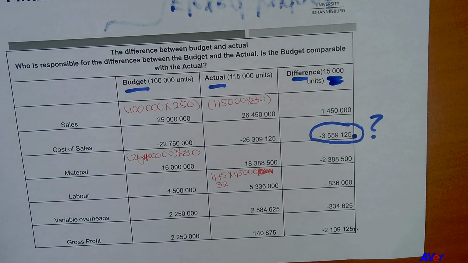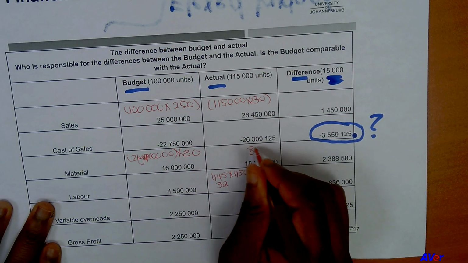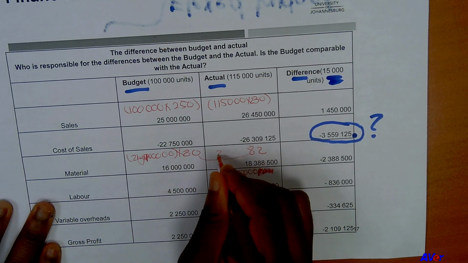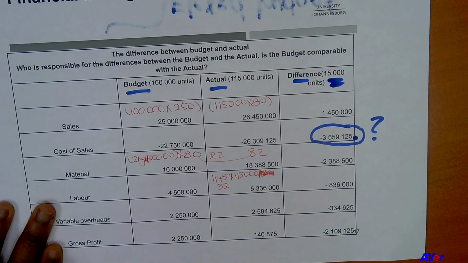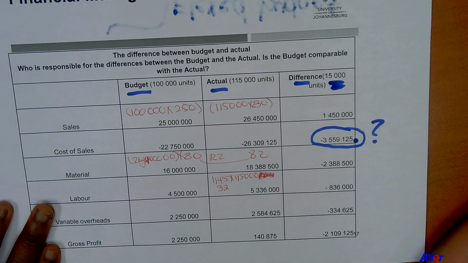The second thing is that the other reason for all these variances is the price hikes. For example, when we looked at material, the actual cost of material was 82, but the budget is 80. So there's a 2 rand difference here already that is contributing to the overall difference of 3.5 million.